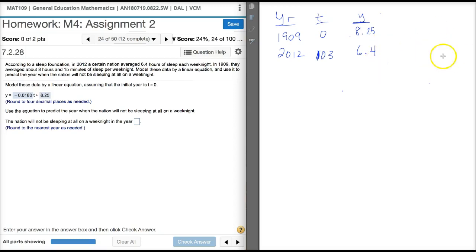All right, so again, what we're asking is when the amount of sleep, which is represented by Y on the weekends, is 0, what is going to be this value? And of course, from that, we can figure out what year that will be, okay? And we're asked to round to the nearest year.